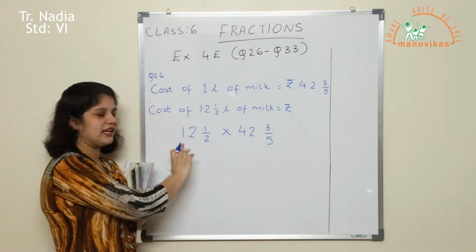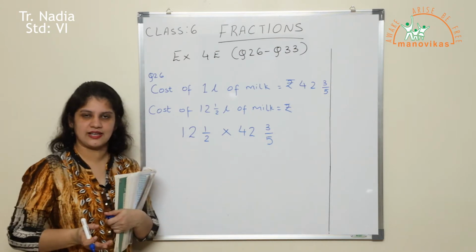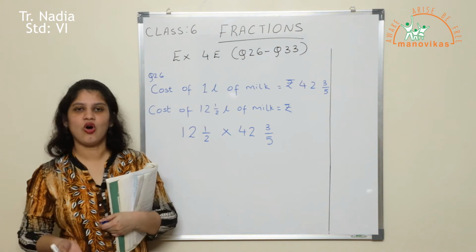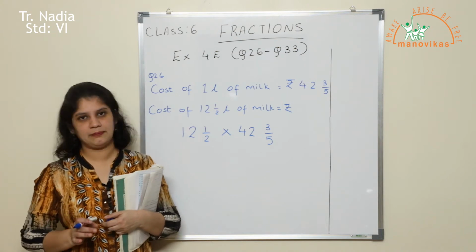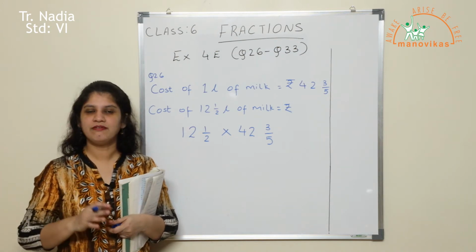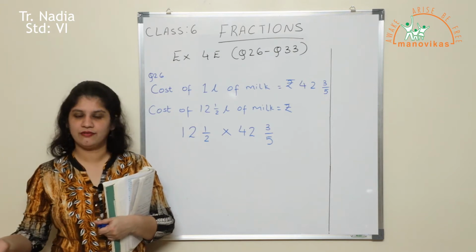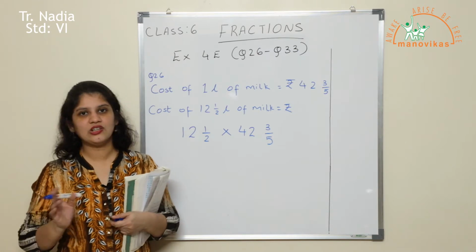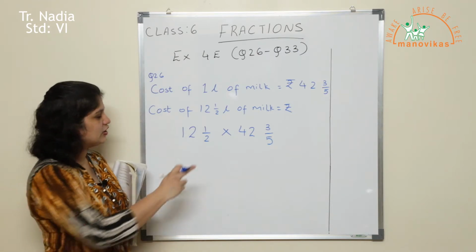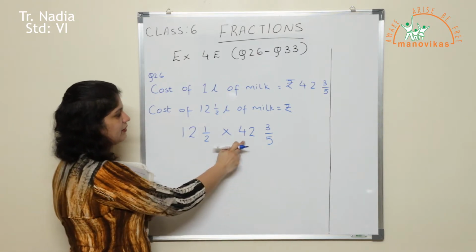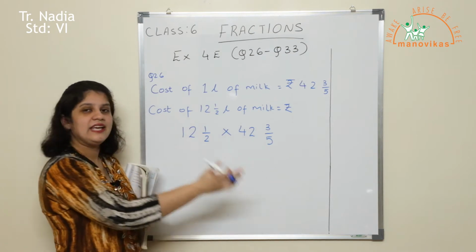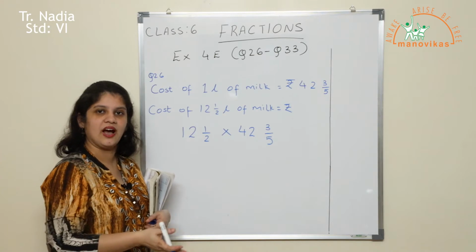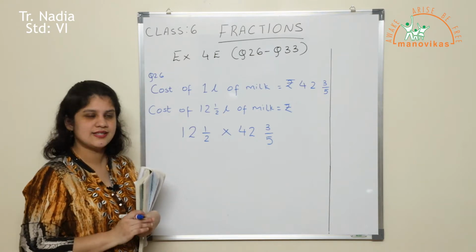You can put any fraction first and any fraction second, because when you multiply numbers, no matter in which order you multiply them, the answer will be the same. For example, 4 multiplied by 6 is 24. 6 multiplied by 4 is also 24. So the order of numbers does not matter. Even if you write it as 42 3 upon 5 multiplied by 12.5, the answer will remain the same.